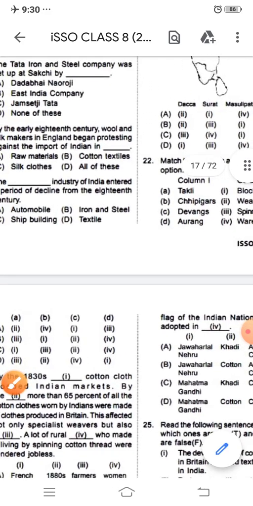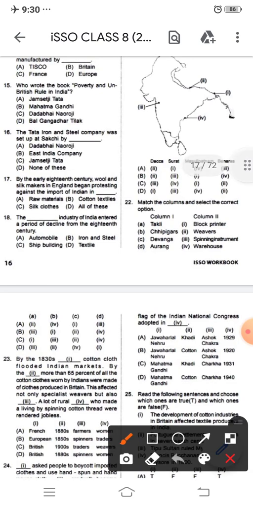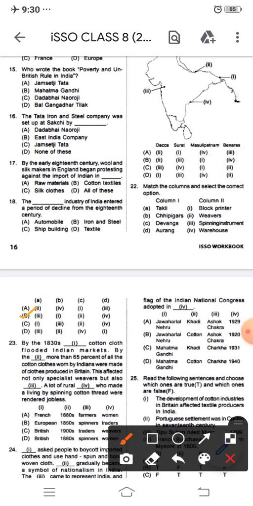Option B means you can see it from here. Takli is related to the spinning instrument.